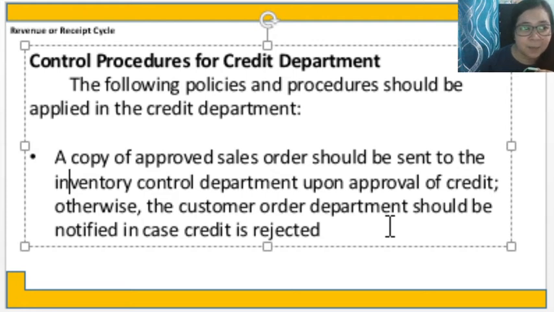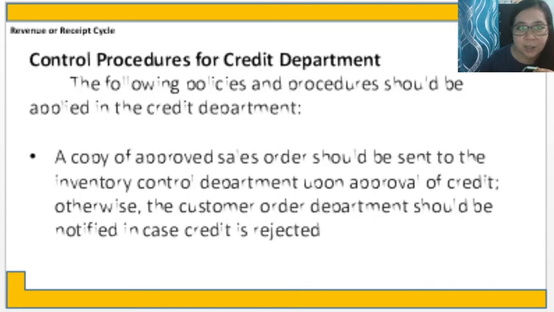Or else this transaction will take place only if the customer will pay in cash. So that's how it is under this transaction.